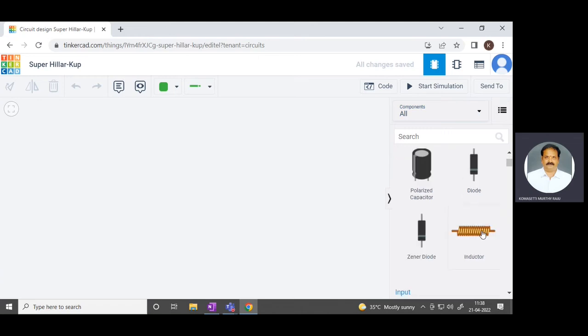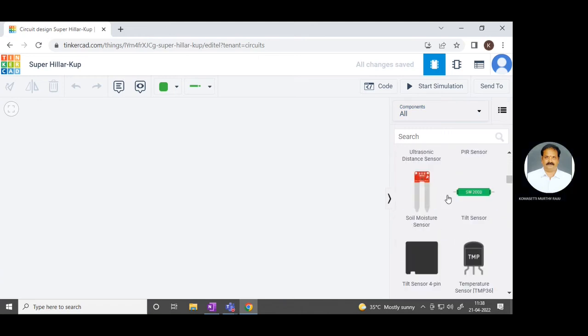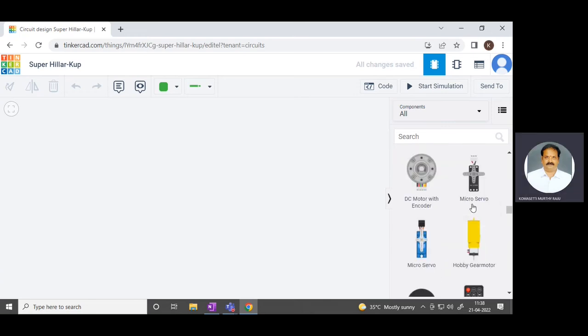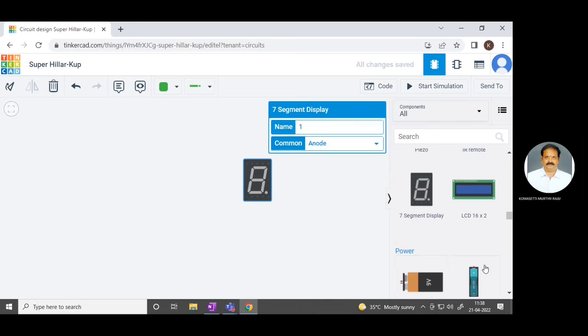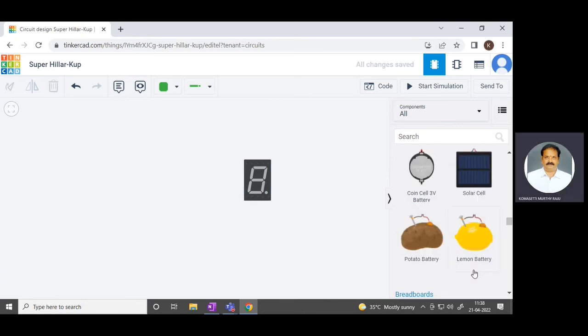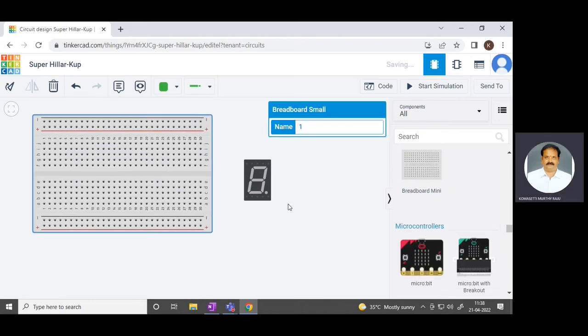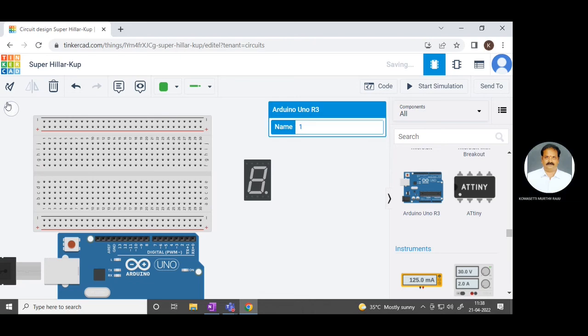Pick up the 7-segment display from these components. This one is the 7-segment display. And pick up the breadboard and Arduino UNO board from here.